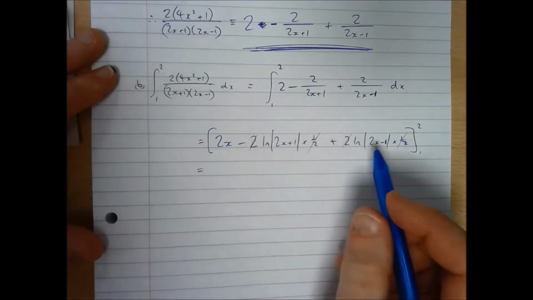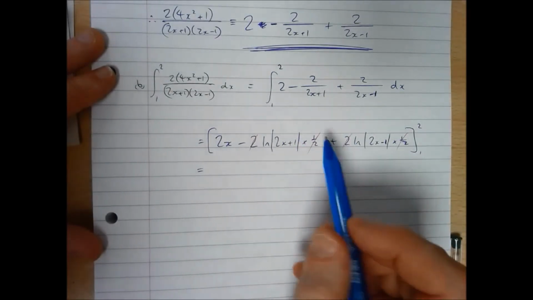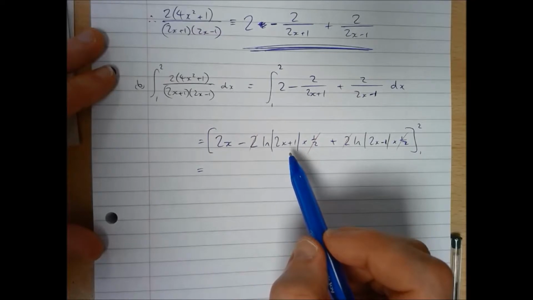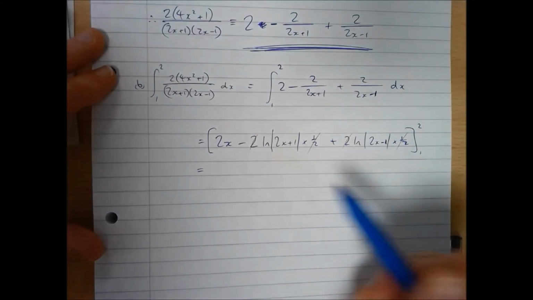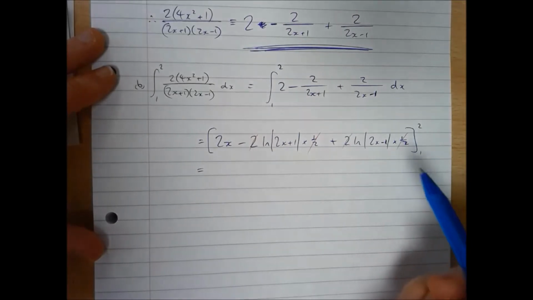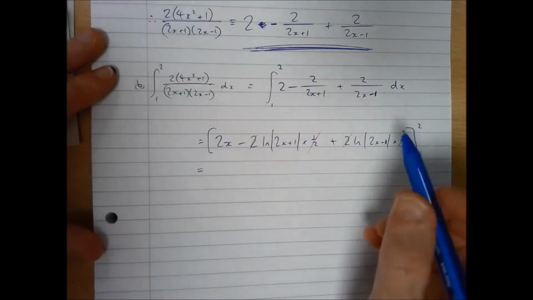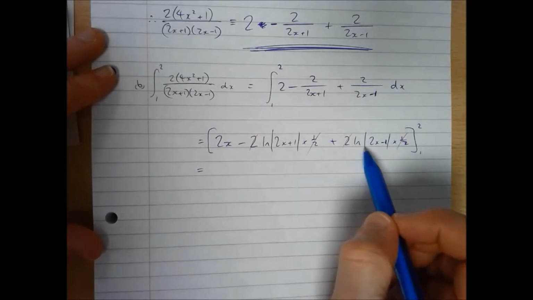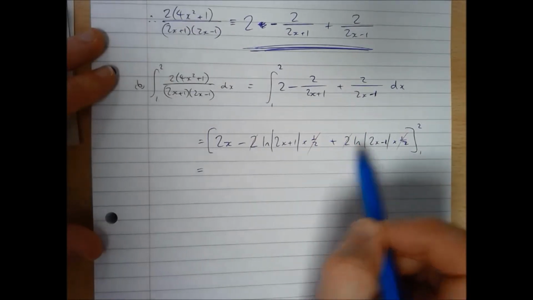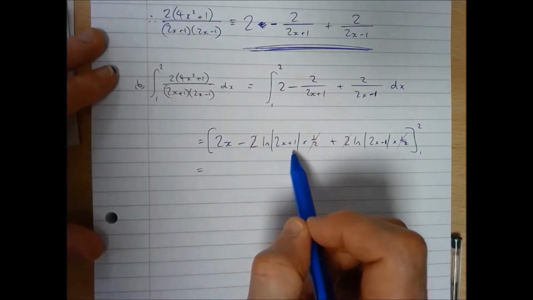Now, what we're then left with are 2 ln functions which could be combined. I mean, we don't have to do it straight away. We could substitute the 2 and the 1 in first, or we could combine them straight away. Since we've thought about it, let's combine it straight away. So we've got a positive ln of 2x minus 1 and a minus ln of 2x plus 1.